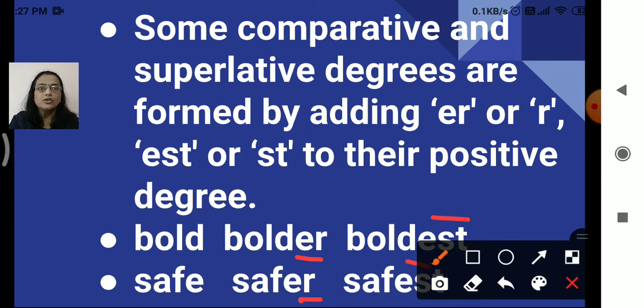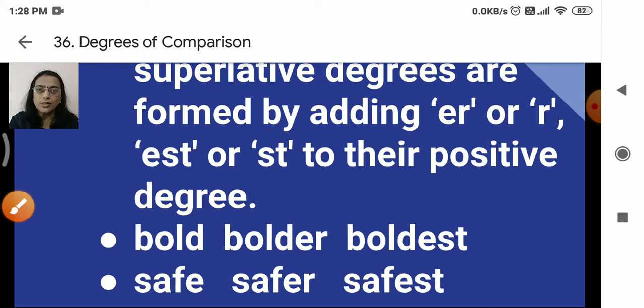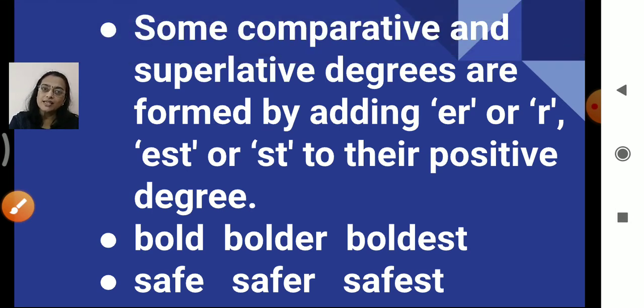So it becomes bold, bolder, boldest, or safe, safer, safest.